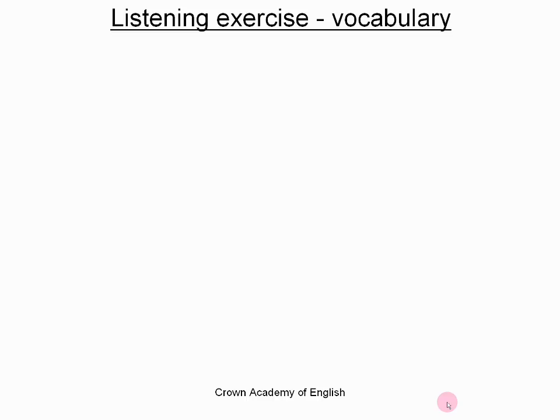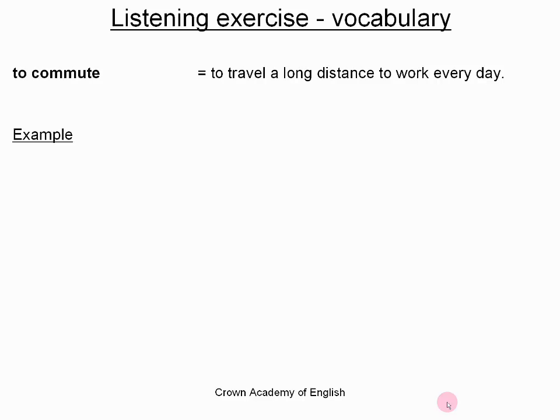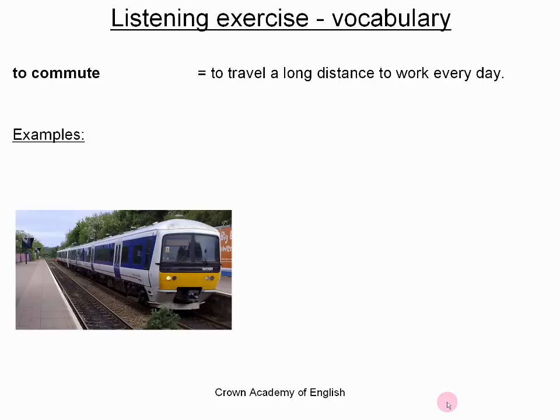So the vocabulary, the first word is to commute. Now this is a verb and it means to travel a long distance to work every day. So for example, if I live in the town of Brighton, but I work in London, then we can say that I commute to London by train.